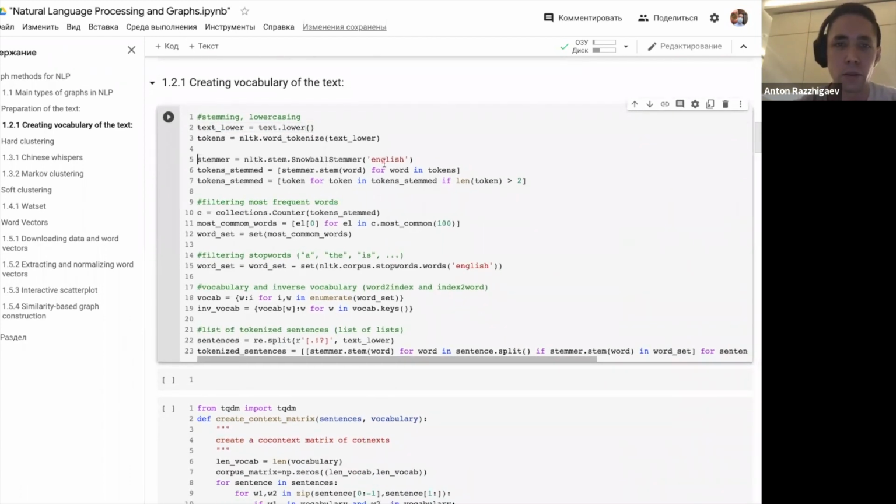Then we need to apply stemming to all words in our dictionary. Stemming is a procedure which removes some prefixes or suffixes which are related to grammar, like -ing or -ed, past simple.